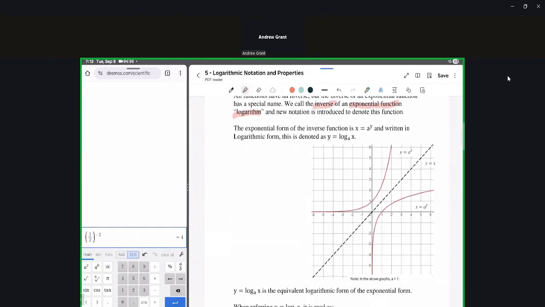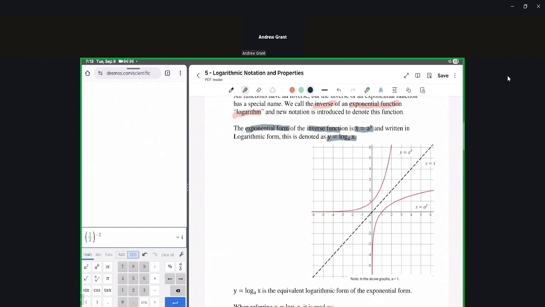So instead of using the clunky notation where before we said the inverse of the exponential was x is equal to a to the power of y, we instead have y is equal to log base a of x. And all that represents is that it's the inverse of the exponential function.